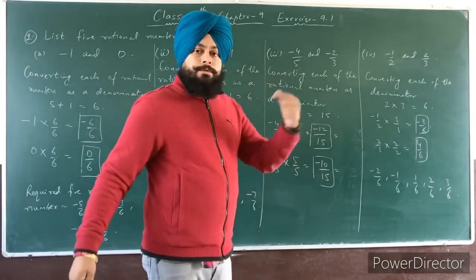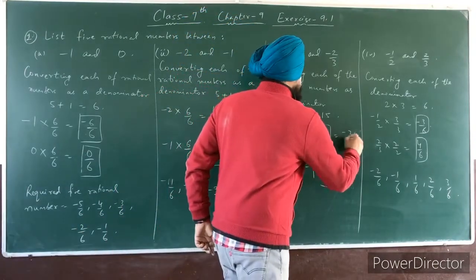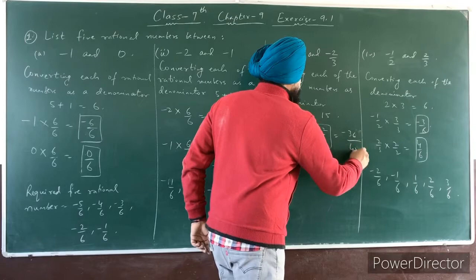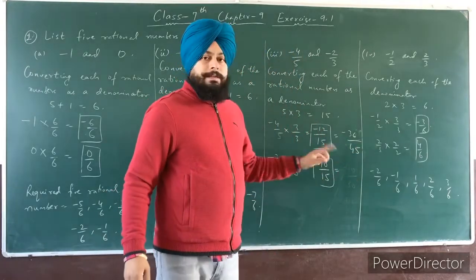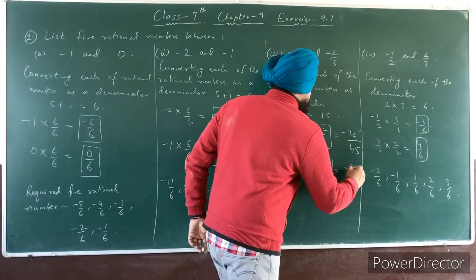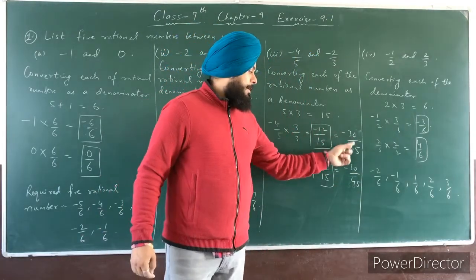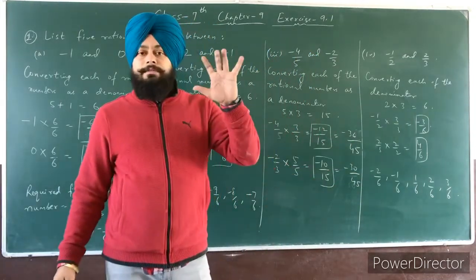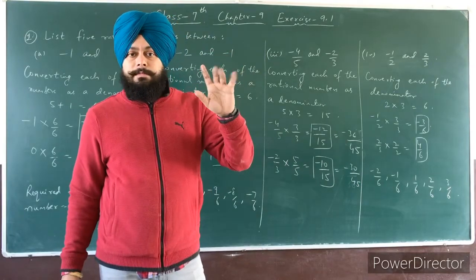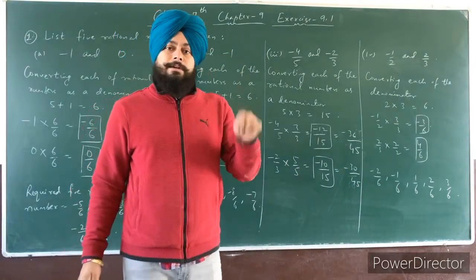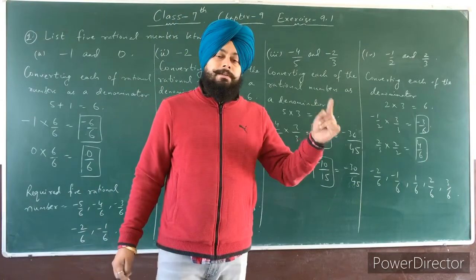-12 into 3, how much? -36. 15 times 3 is 45. -10 into 3 is -30 and 15 times 3 is 45. Now between -36 and -30 there are 5 numbers: -31, -32, -33, -34 and -35.